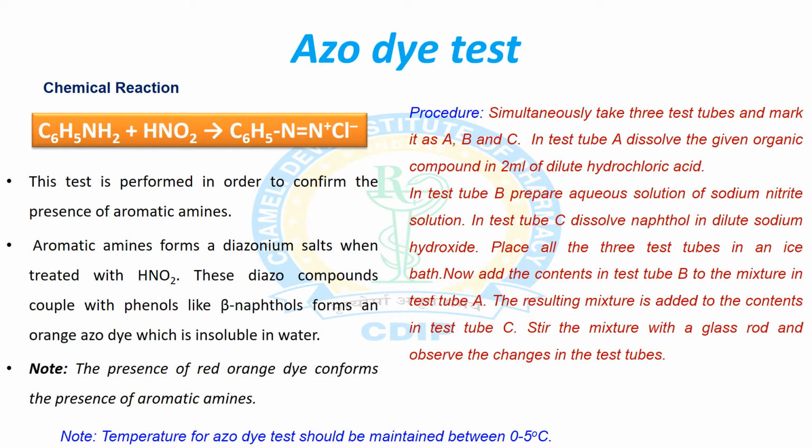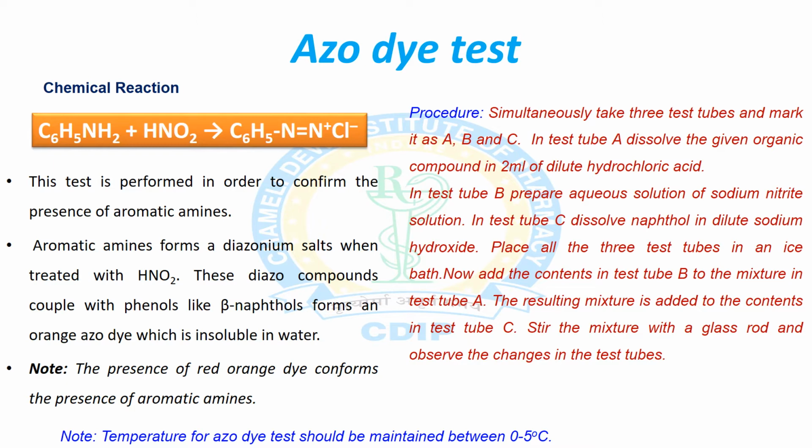In the procedure, we take 3 test tubes simultaneously and mark them as A, B and C. In test tube A, dissolve the given compound in 2 ml of dilute HCl. In test tube B, prepare an aqueous solution of sodium nitrite. In test tube C, dissolve naphthol in dilute sodium hydroxide. Then all the test tubes need to be placed in an ice bath.